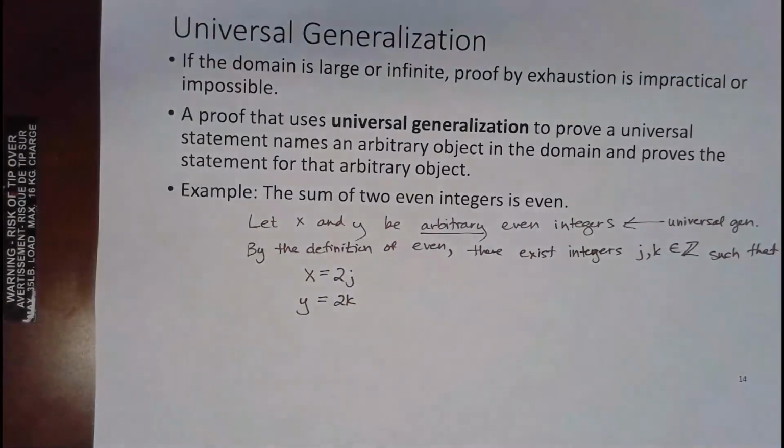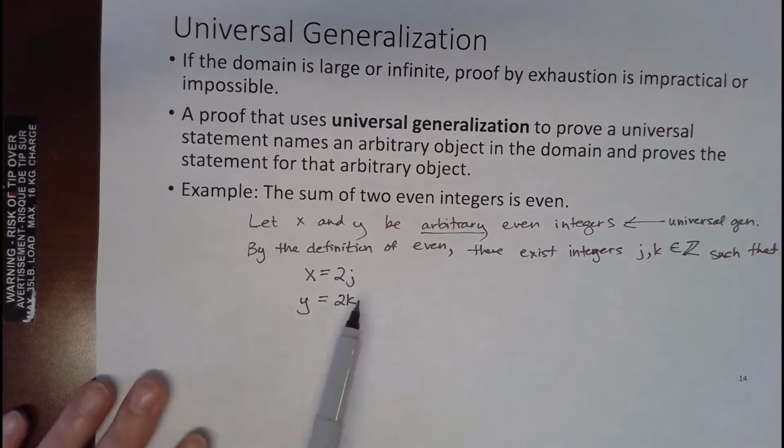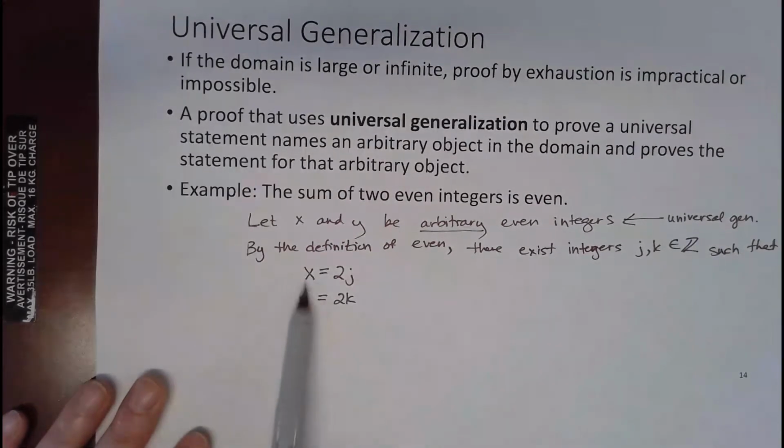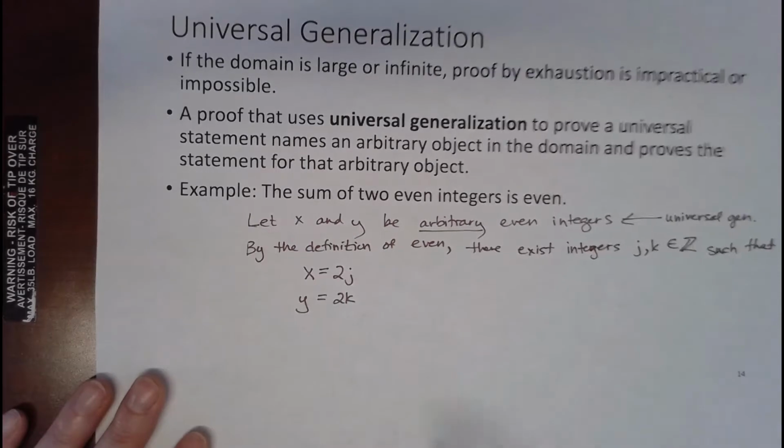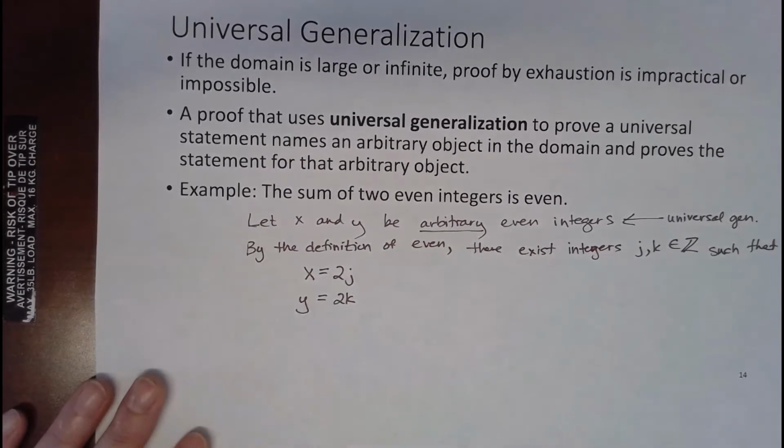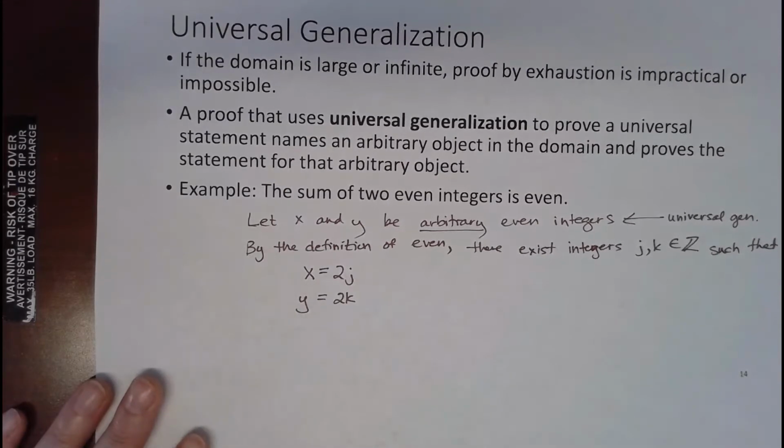Because that's the definition of even. We went over that last time. If an integer is even, then there exists an integer such that x can be written as 2 times that integer. Okay, so these aren't necessarily the same integers, right? They have to be arbitrary, so we can't force them both to be the same integer. They could be the same if j and k are equal, but they don't have to be. But we know because they're even that we can write them as 2 times another integer, both of them.